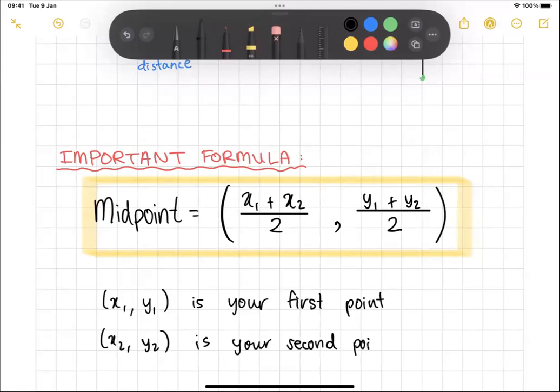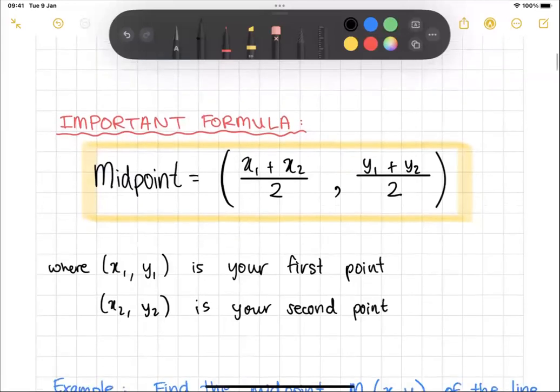This will make sense when we work out the question. So that's my important formula.